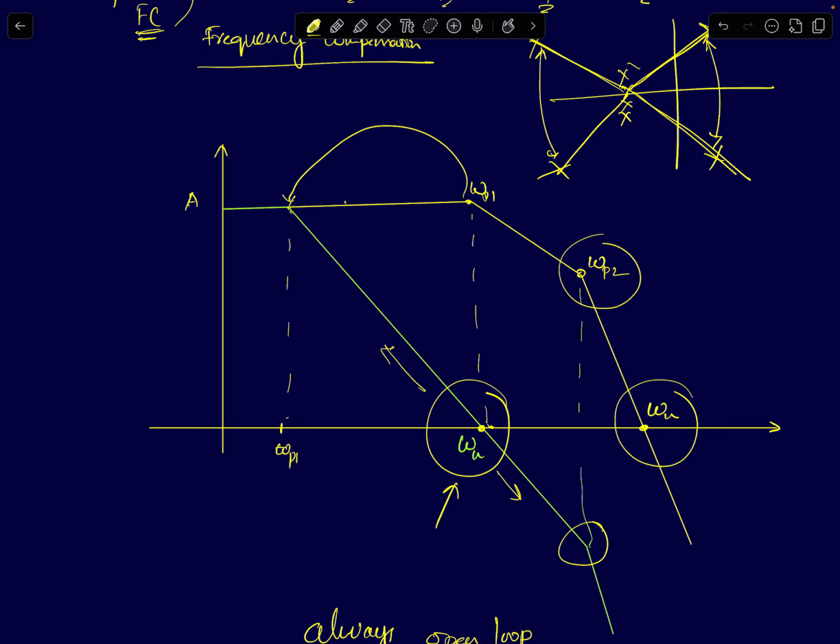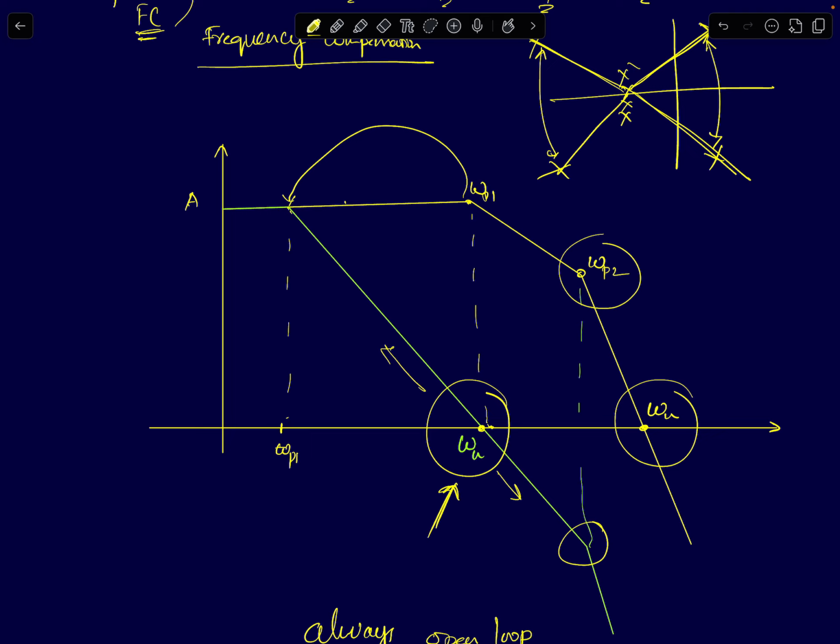And first order systems are inherently stable. If you have a single stage amplifier and you put it in feedback, you don't have to worry about stability there. They will always be stable. So we try to emulate the behavior of a multi-stage amplifier as a single stage amplifier near the UGB. Then it becomes stable.